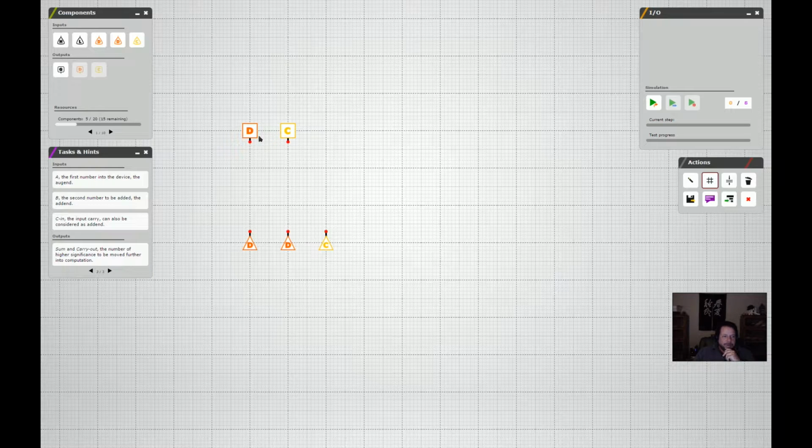Okay, so here's our outputs, sum and carry out. We've got our two 1-bit numbers and our 1-bit carry in, and then we've got our sum out and our 1-bit carry out here.